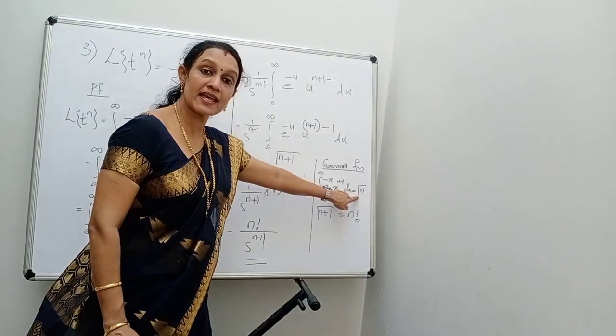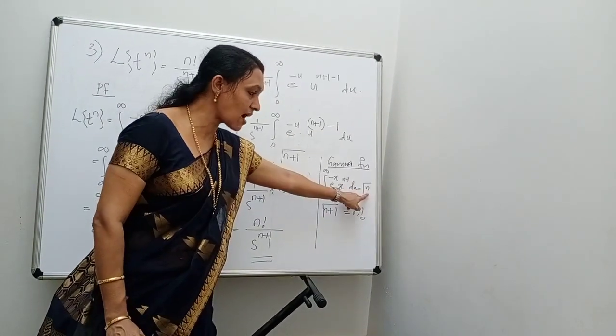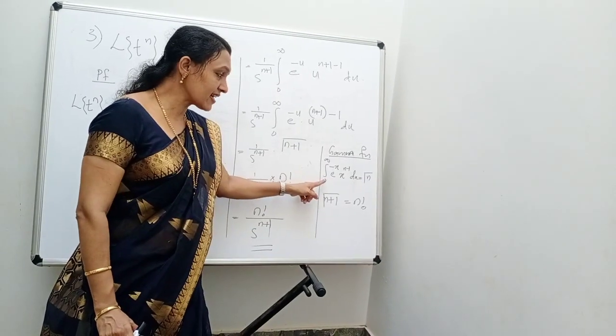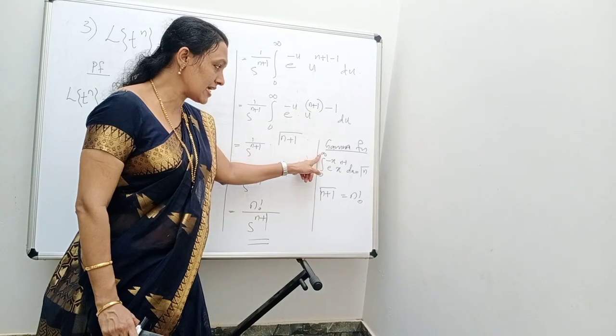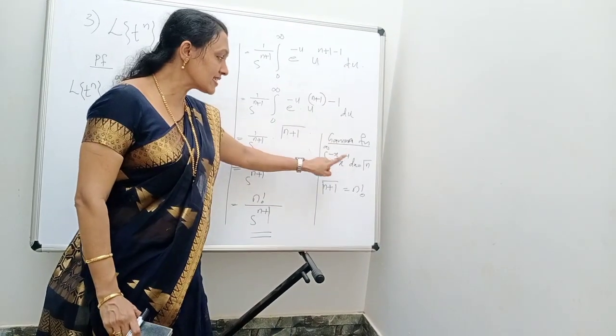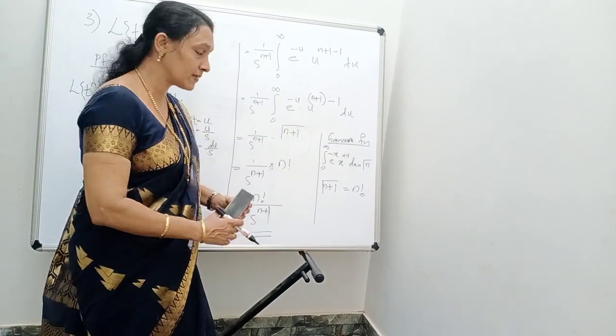That is denoted by gamma n. So you look at this integral, what is gamma n? If the integral is of the form integral 0 to infinity e raised to minus a variable into the same variable raised to a number minus 1.